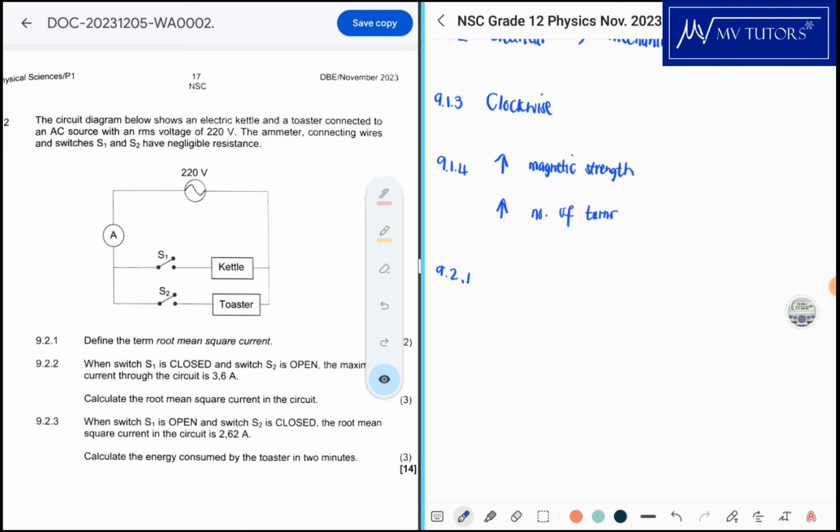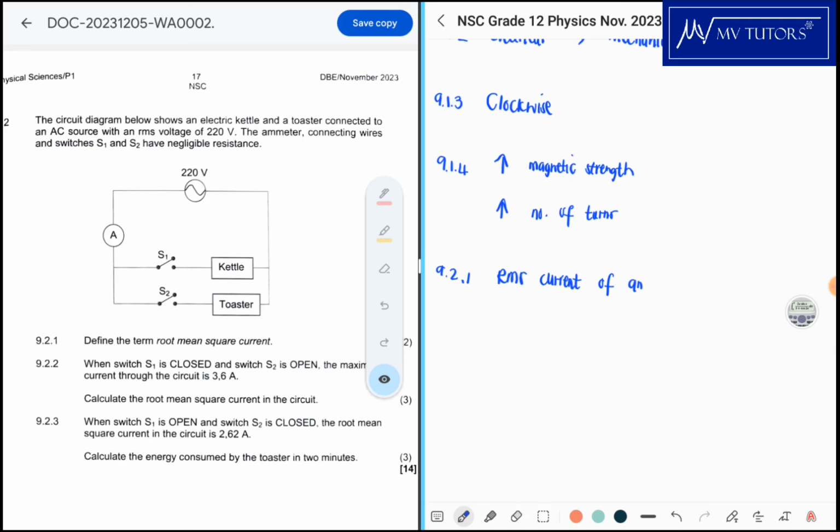So basically, RMS, root mean square, in this case current, so the root mean square current of an alternating current. Well, yeah, it's applicable to alternating current only, né?